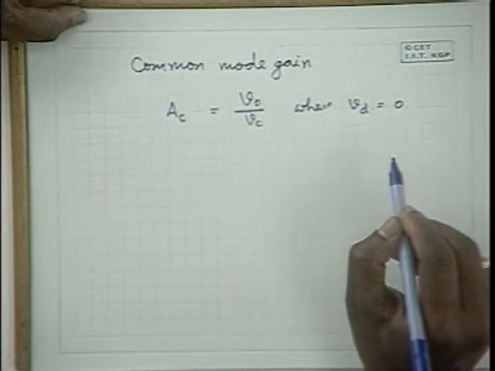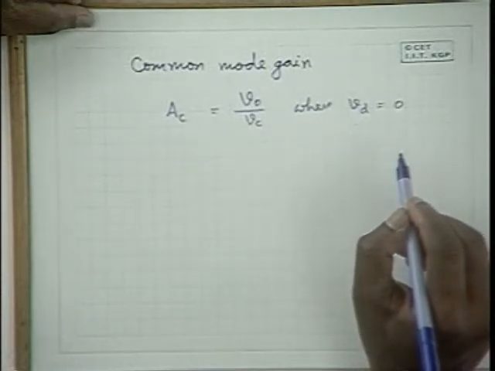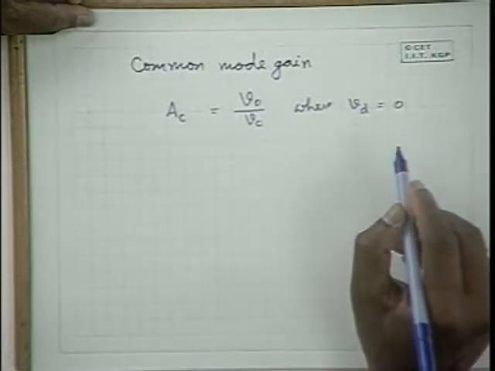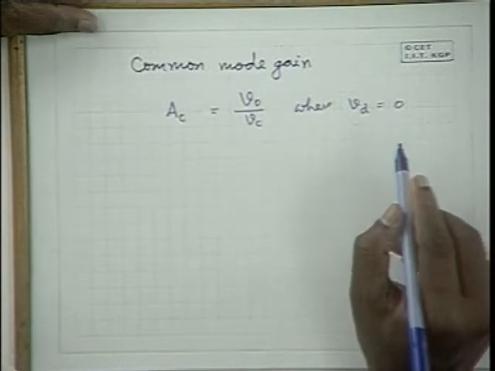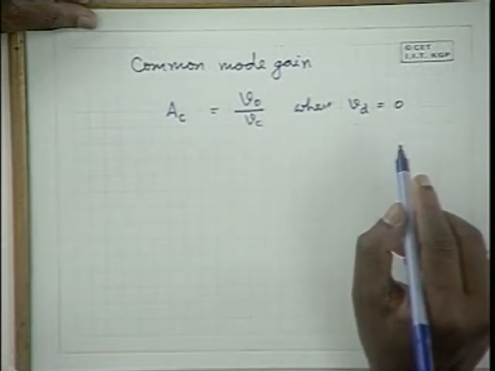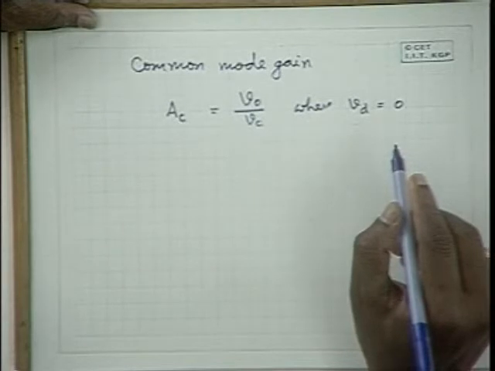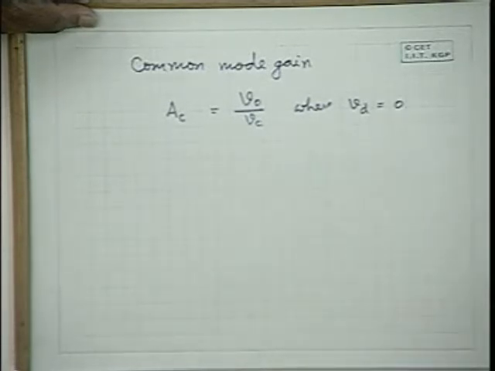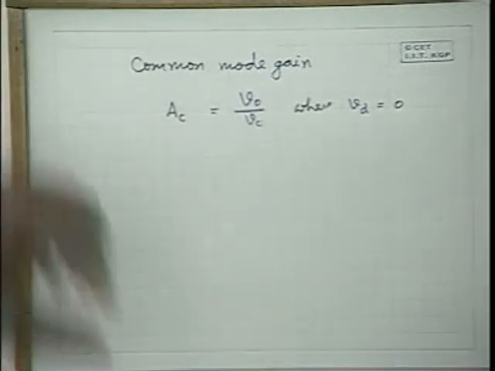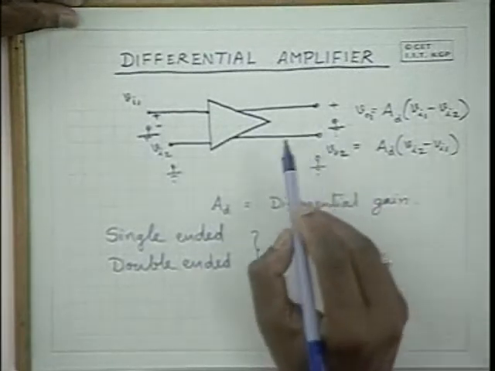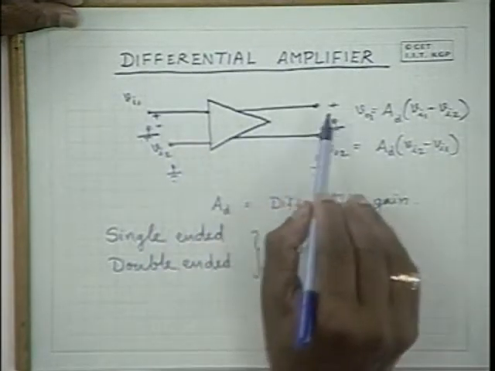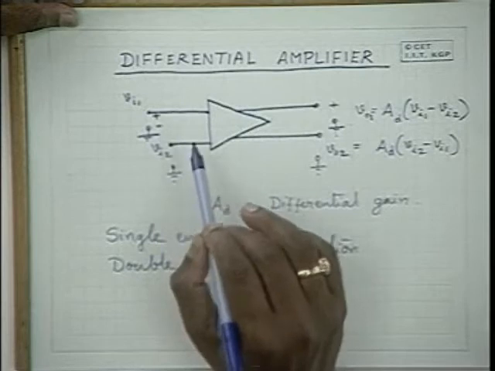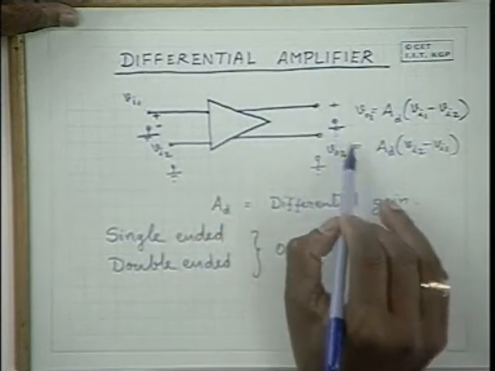Sir, do we get this common mode signal on both the outputs? Yes, you will get common mode signal on both the outputs. So, the question is, when you use both the outputs of a differential amplifier, do the common mode signal and the differential signals appear at both the outputs?